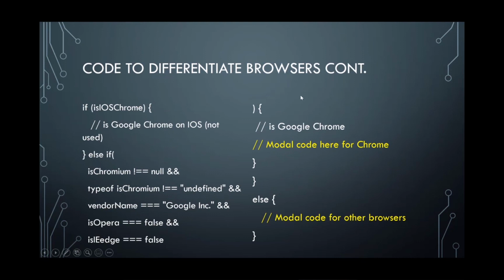Then I have some if statements: if it's Chrome on iOS, I didn't use this one, so I did else if, looking at those variables just created, basically saying if it is Chrome, I'm going to use the specific code that will help in Chrome instead. And for the other browsers, I'll just use the code I just showed you that works in them.